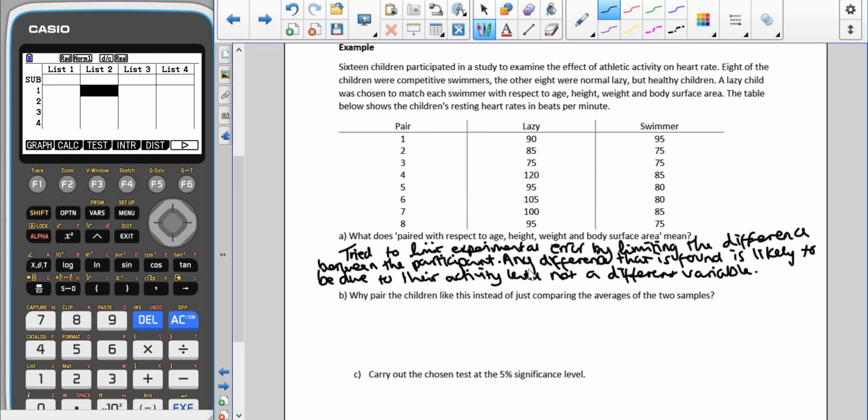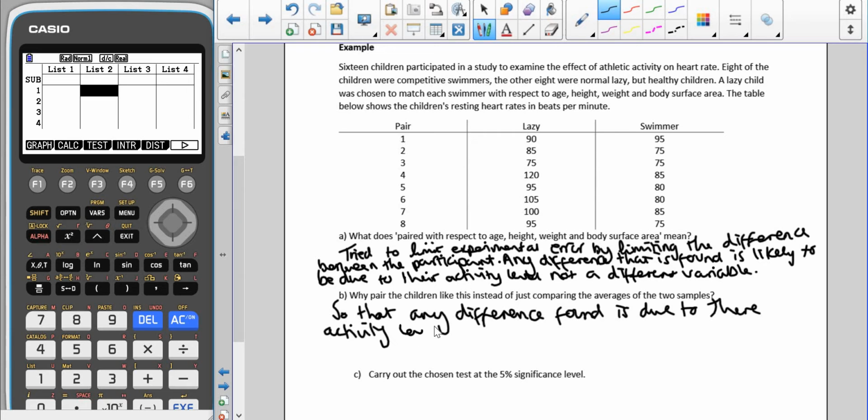So again, this is similar to the second sentence that I put here. So that any difference found is due to their activity level, not their age, height, weight.